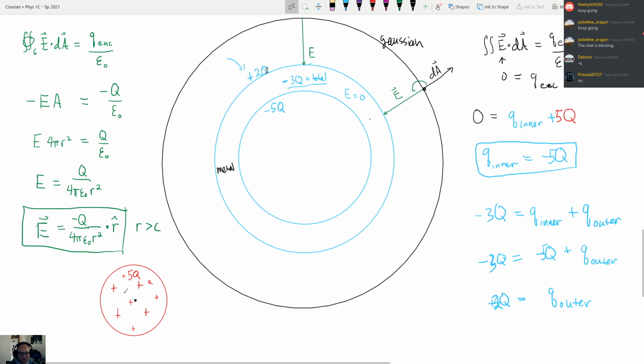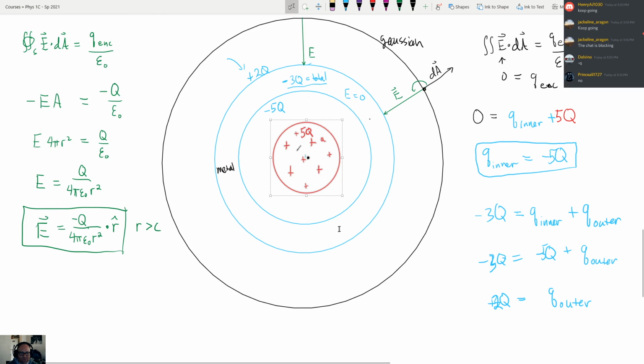But by placing it on the inside, it has the effect of drawing negative charges inwards, in order to make this true. And it should also make some logical sense that if I have a spherical shell that's metal, it's reasonable to think that it could allow charges to move to the inner surface, like this.